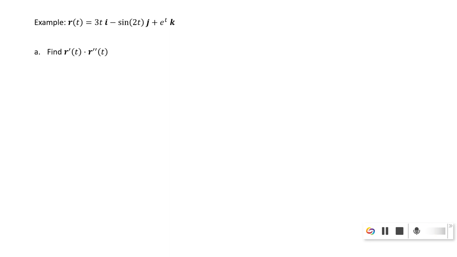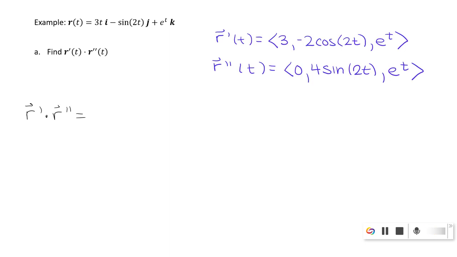So for example, we could find the dot product of r prime and r double prime. Recall the dot product always gives us a scalar. So when we take the dot product of these two vector-valued functions, we're going to get a function that's not a vector.